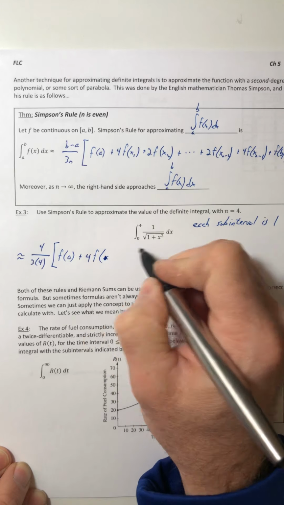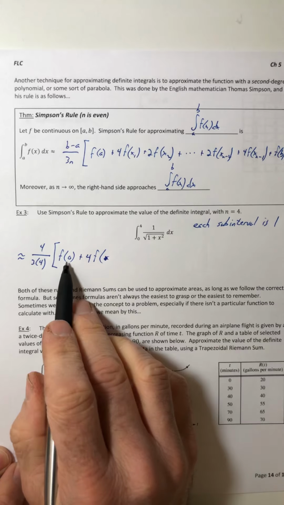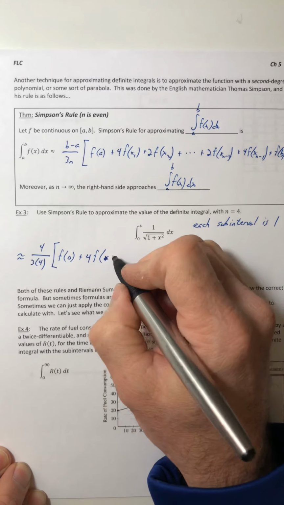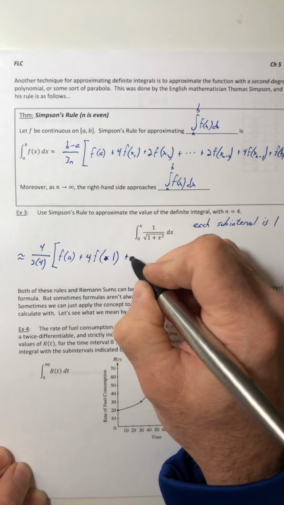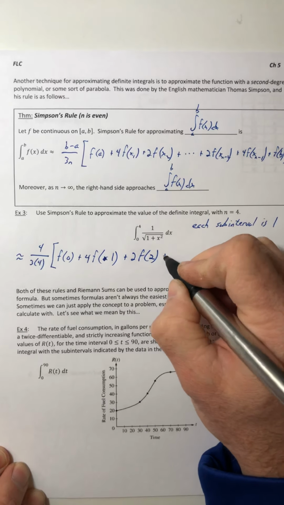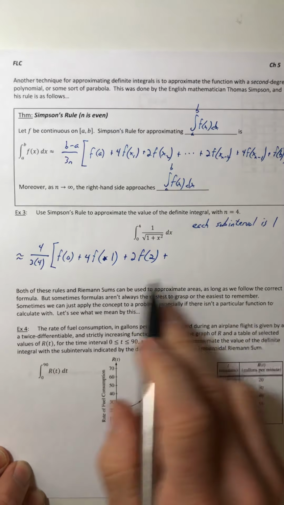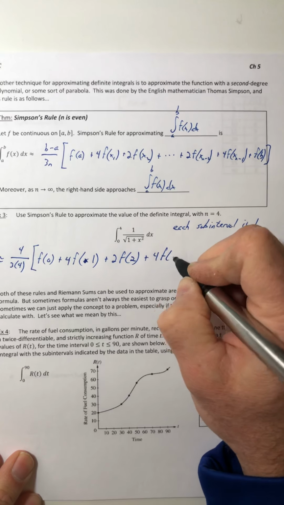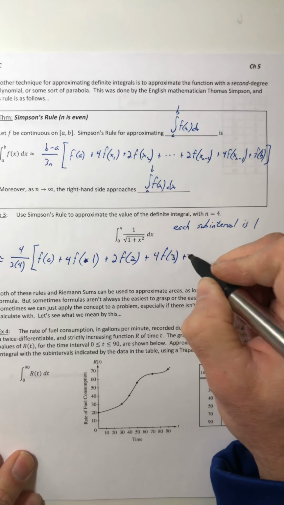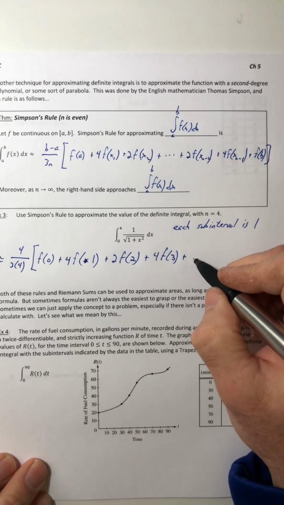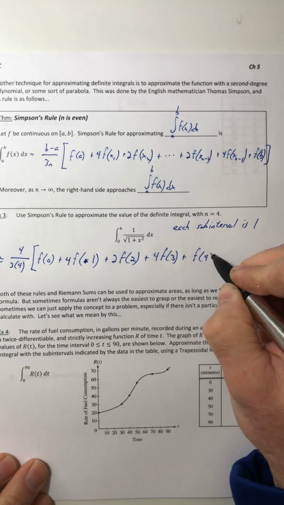Our next number we're going to plug in is 1 from 0, or 1 away from 0, so 1. And then 2, f of 2, and then it's alternating 4, 2, 4, 2, 4, 2, 4. So 4, f of 3, and now I'm at my last number, the 4, so then there's no coefficient.